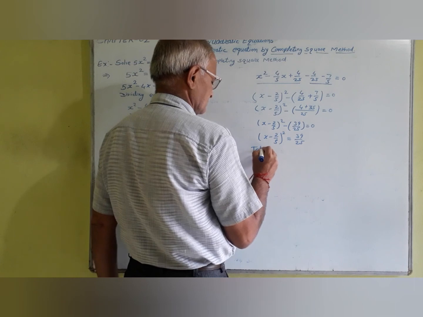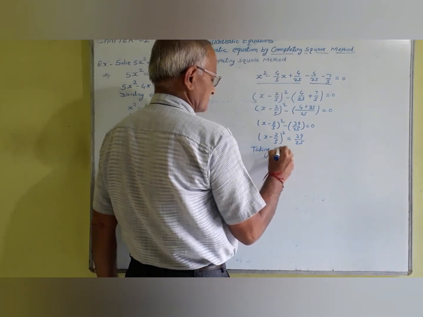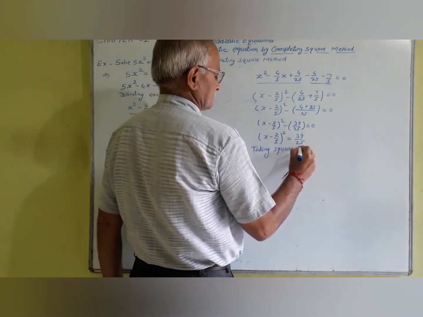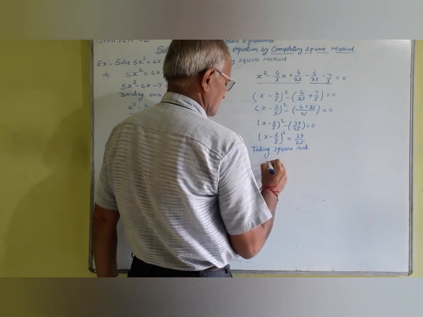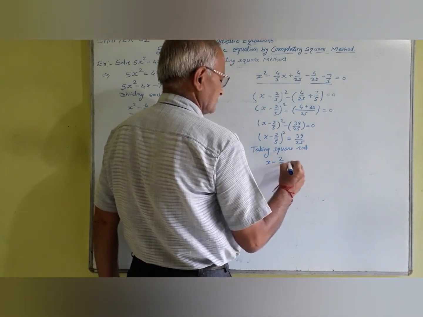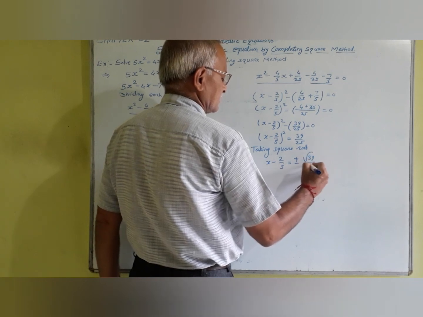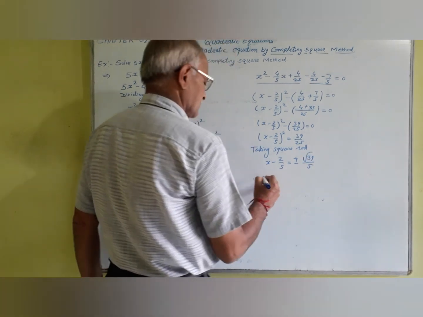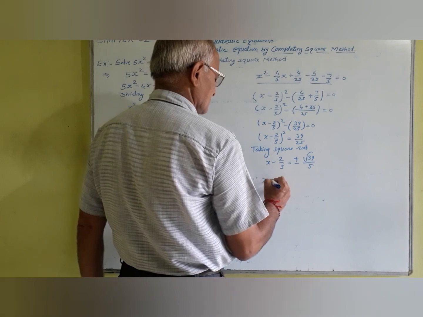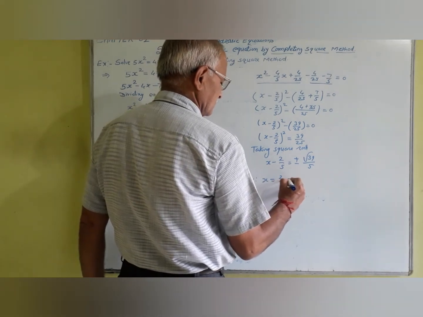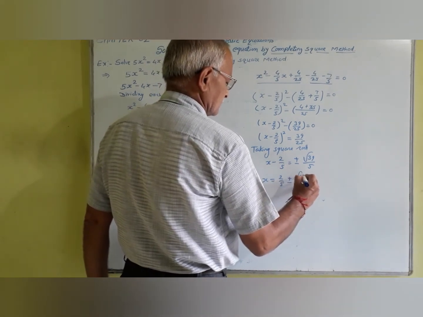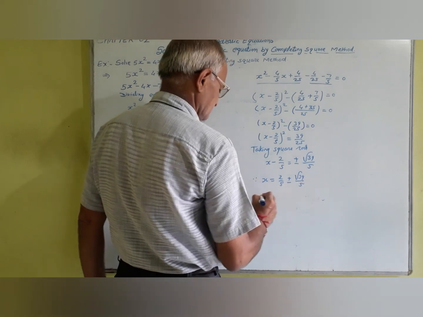Taking square root, x minus 2/5 is equal to plus or minus square root of 39 upon 5. Therefore, x is equal to 2/5 plus or minus square root of 39 upon 5.